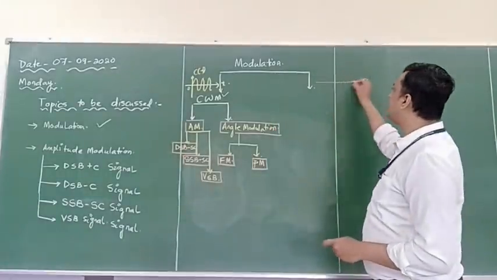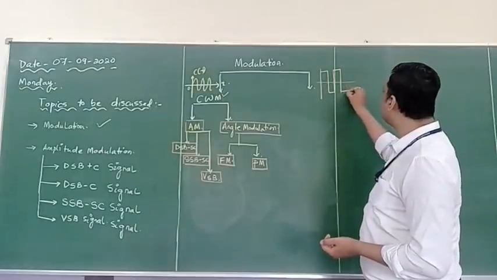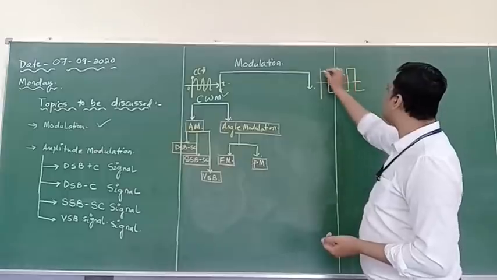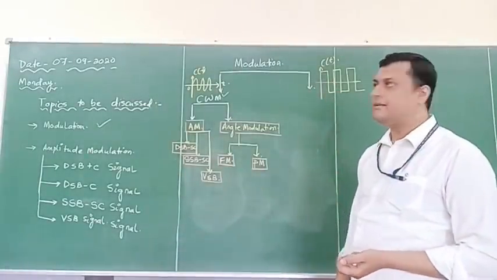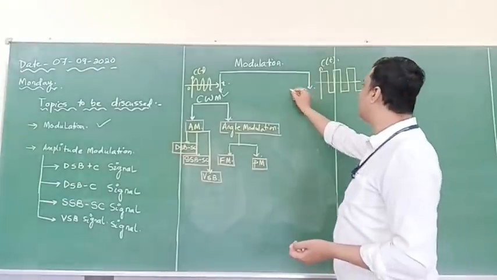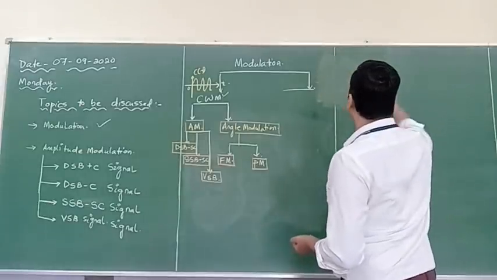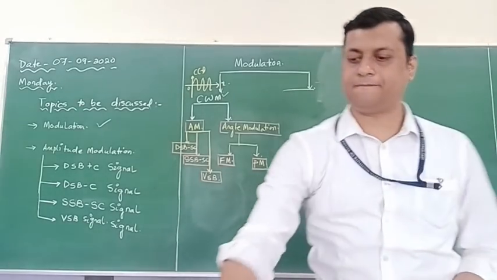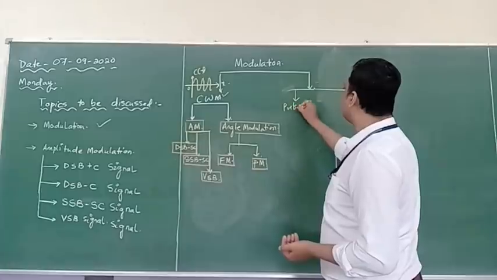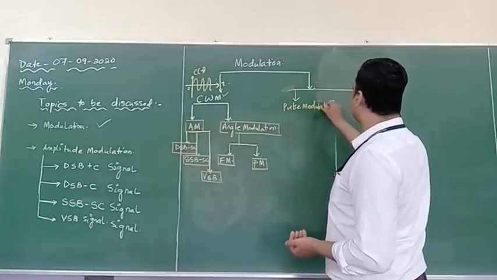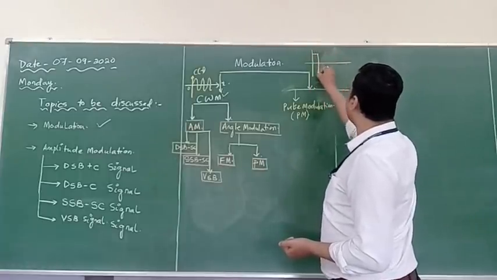But if the carrier is a pulse, suppose my carrier is this sort of pulses, like this, if my C of t is a pulse, then there are two types of modulation schemes available. The first is pulse modulation, also called PM, where the carrier is rectangular pulses.